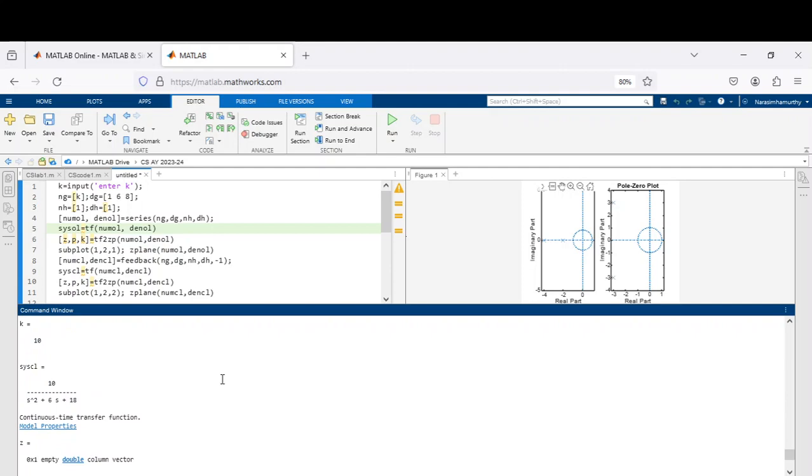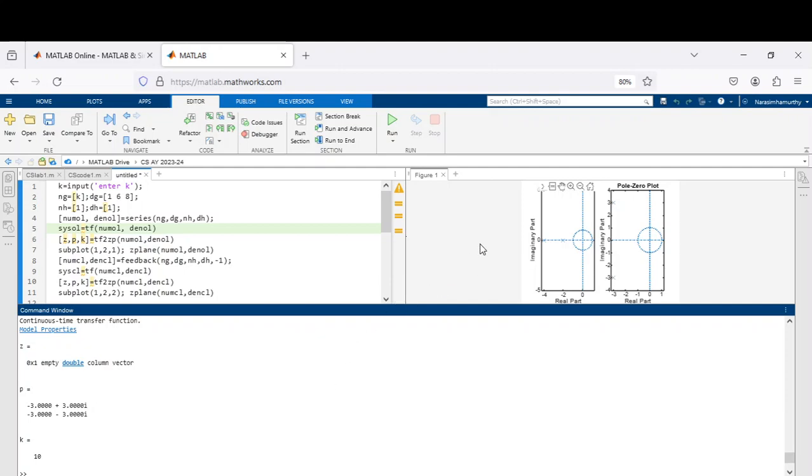You can see this was actually 8 for the open loop transfer function. Now it has become 18 as the value of k is 10. Corresponding to this, the poles which were at minus 2 and minus 4 have moved to minus 3 plus or minus j3.